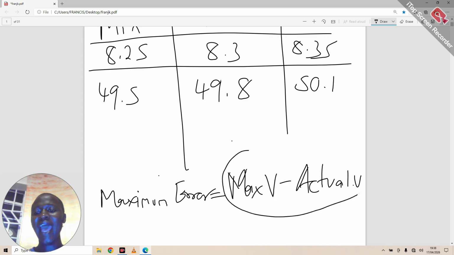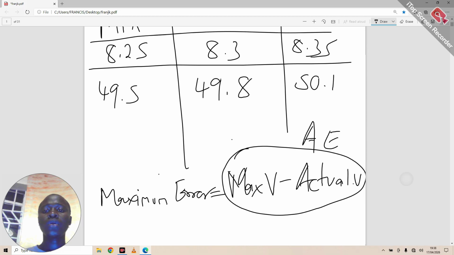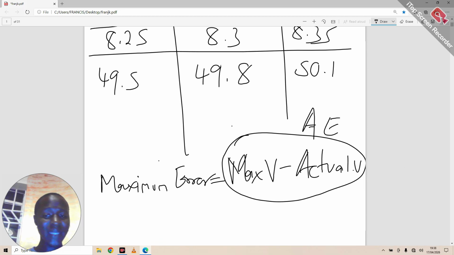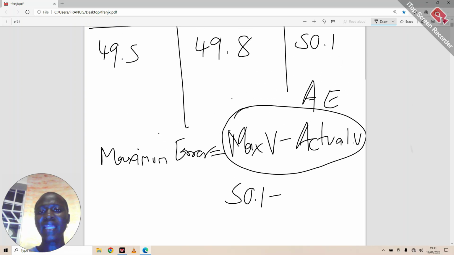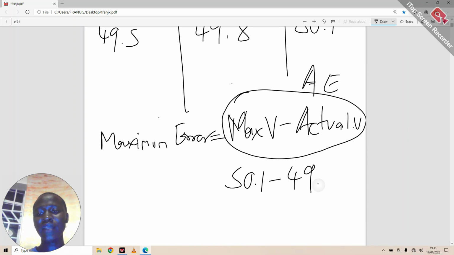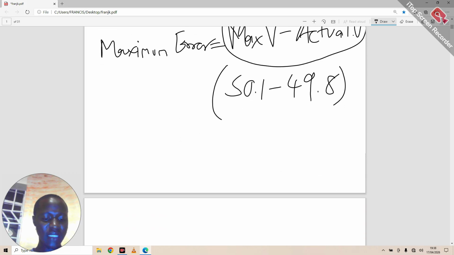This is what will act as our absolute error. Because the question asks the maximum percentage error, we have our maximum, which is 50.1, minus the actual, which is 49.8. 50.1 minus 49.8 is 0.3. Now 0.3 is our absolute error.